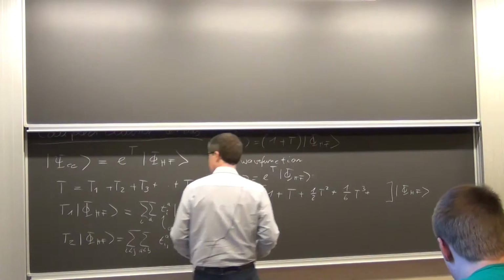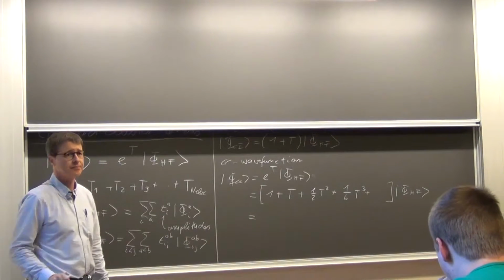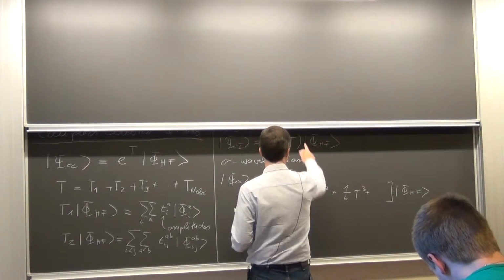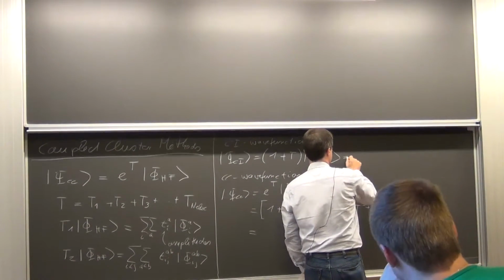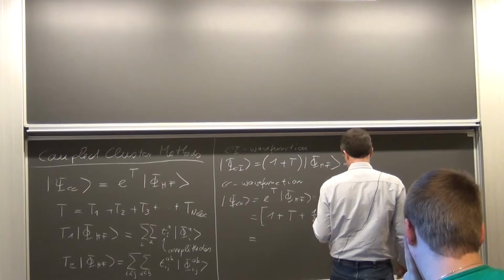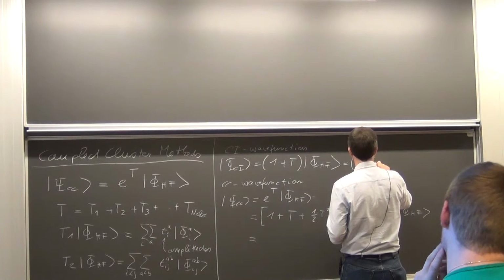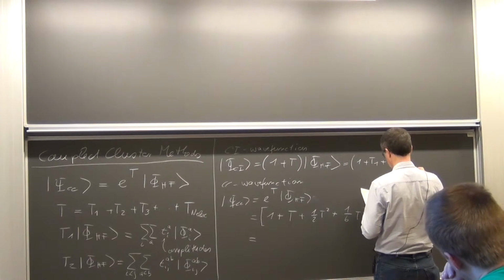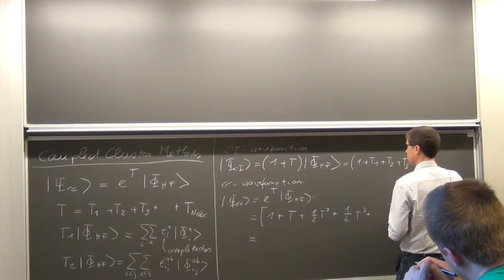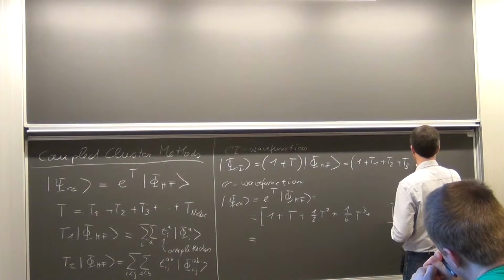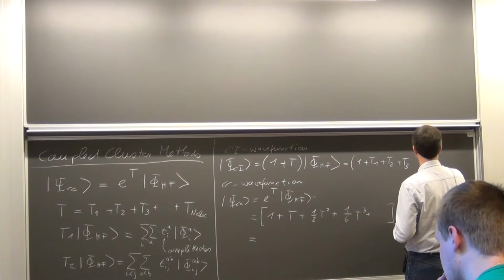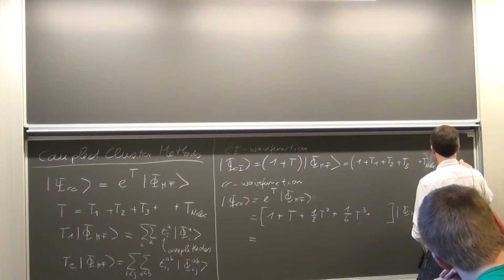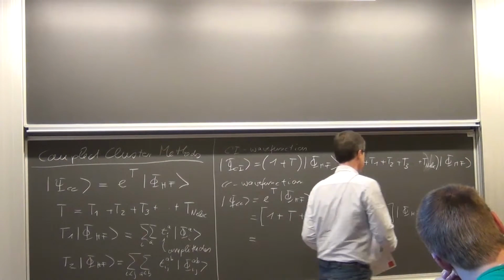Now we can insert this expansion in excitation operators, both here and there. If you do that for the CI first, that just gives us 1 plus T1 plus T2 plus T3 and so forth, up to T number of electrons, times the Hartree-Fock.